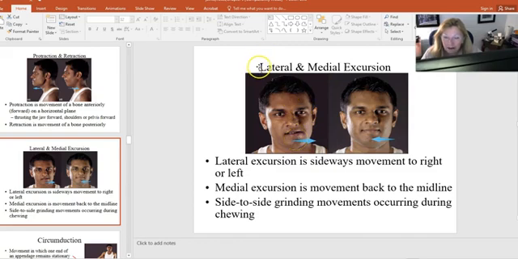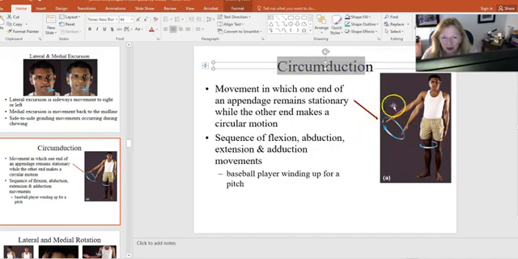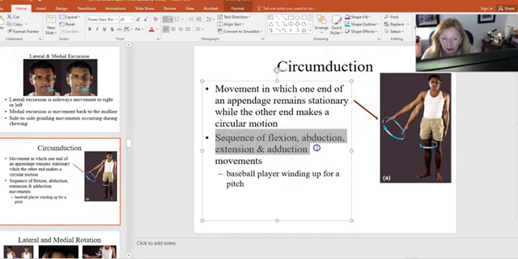You learned many of these terms when you were doing that second lab exercise in your McGraw-Hill Anatomy and Physiology Revealed software. Circumduction, just as the name suggests, is making these circular motions, which use a sequence of flexion, abduction, extension, and adduction.